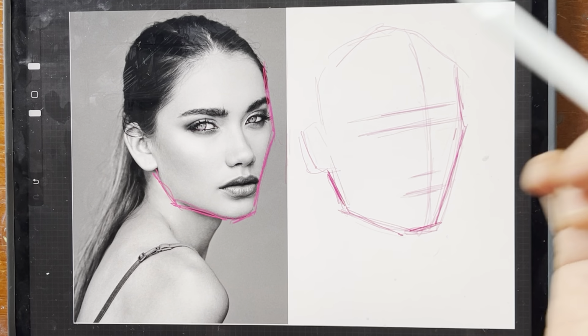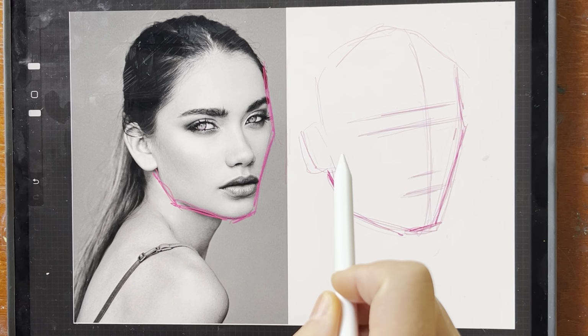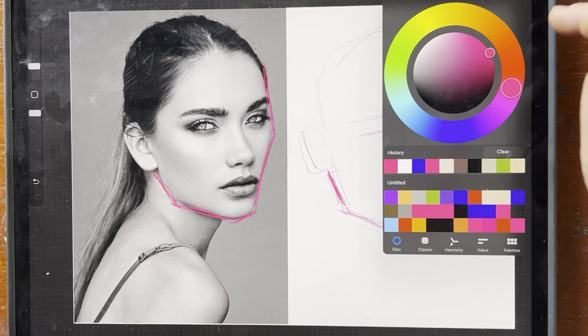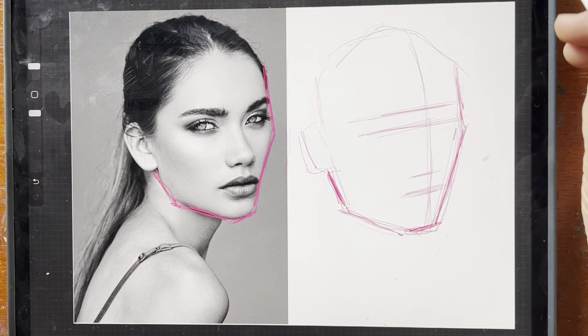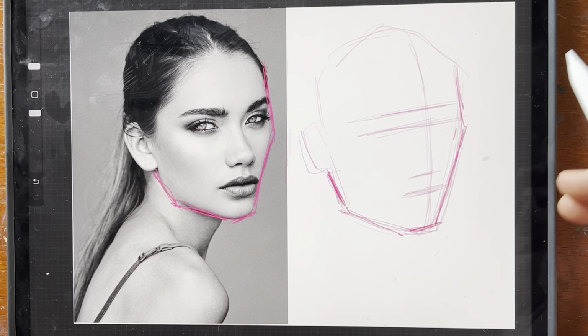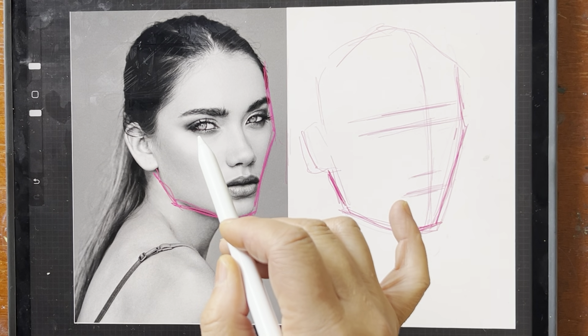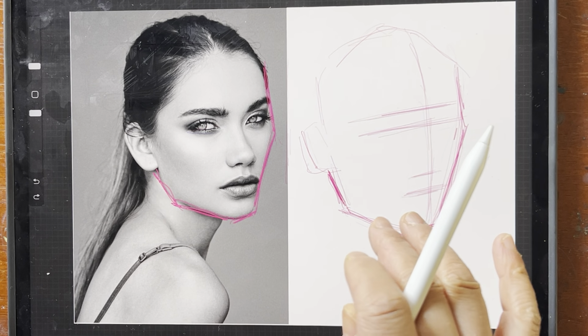Then after that, okay, I'm going to put the eye in the right place. Another one. So I'm going to put the eye in the right place and use blue. And so the eye, I can see the eye is slanted a little bit this way, right?